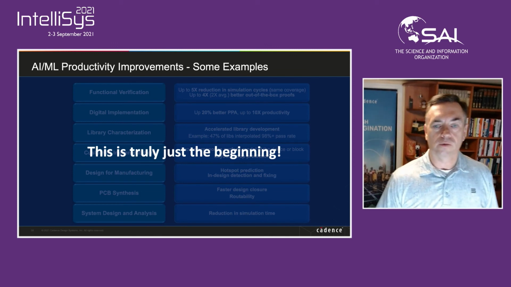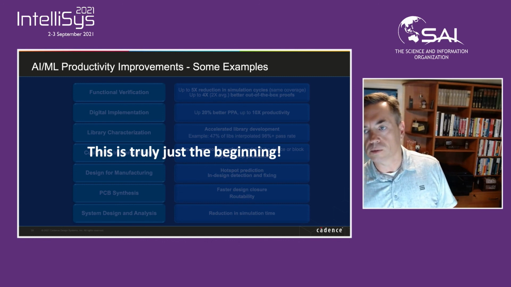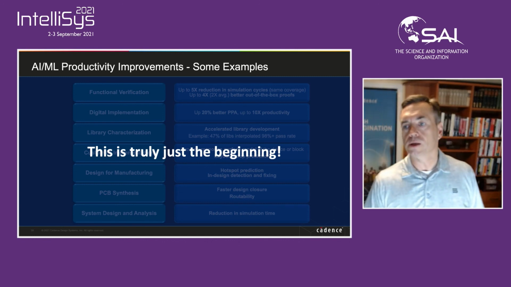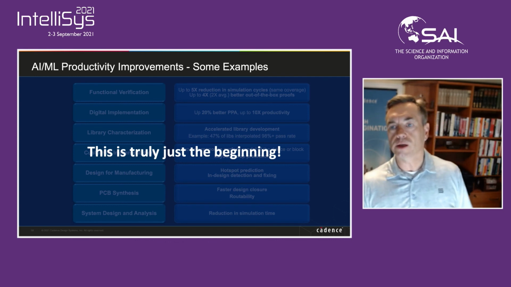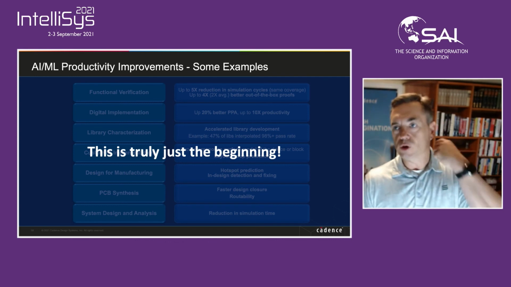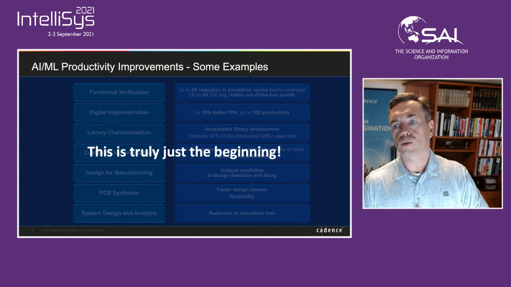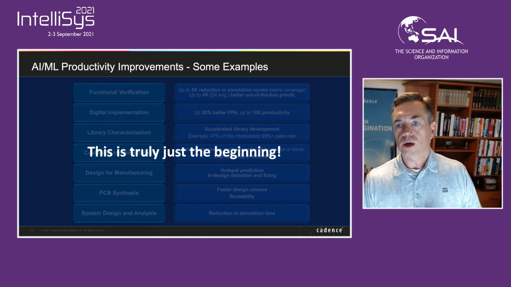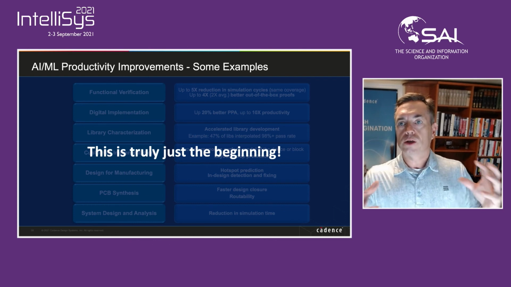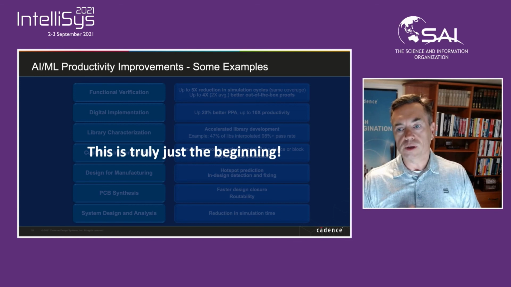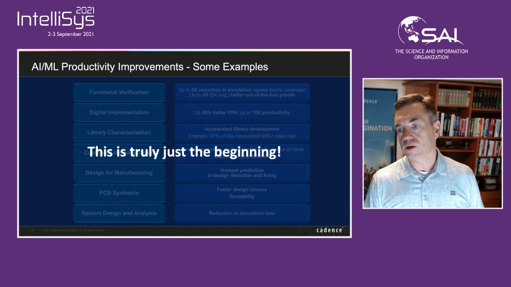So the vision which Professor Hennessy and Patterson had outlined in their Turing lecture about this golden age of compute and semiconductor with domain specificity, where you have much more targeted, specified workloads, is enabled by the increased productivity of our tool.